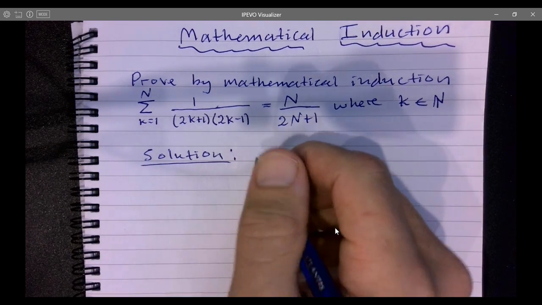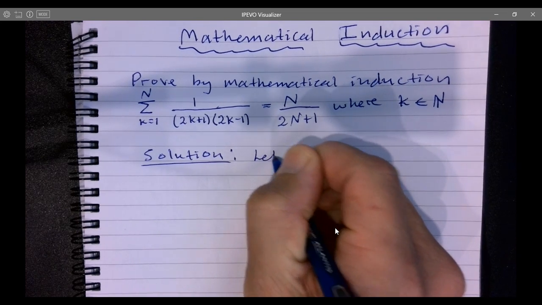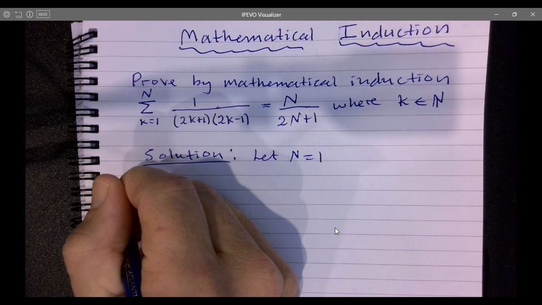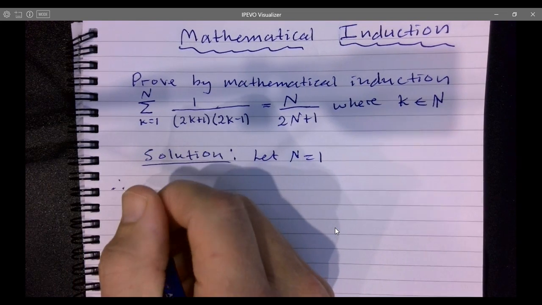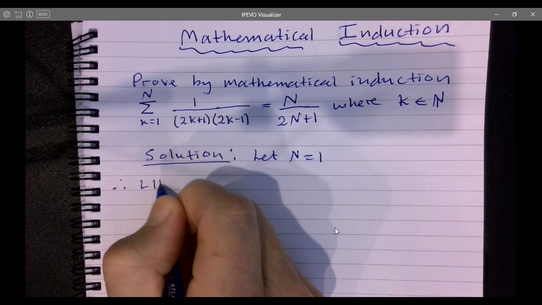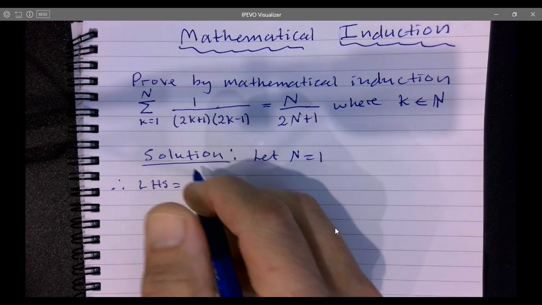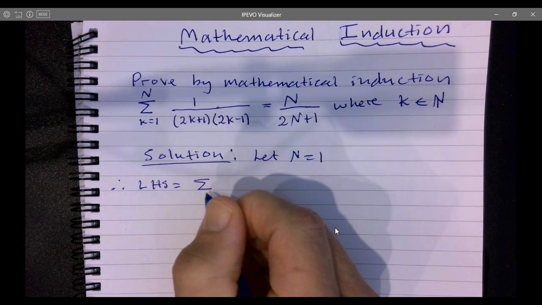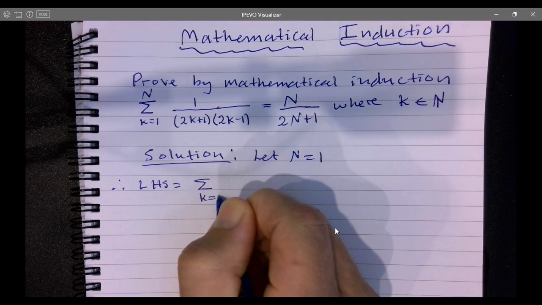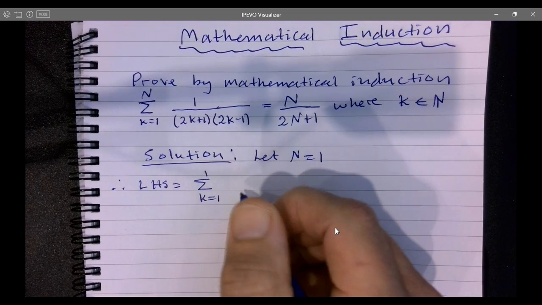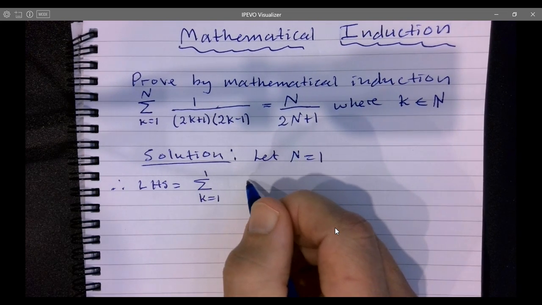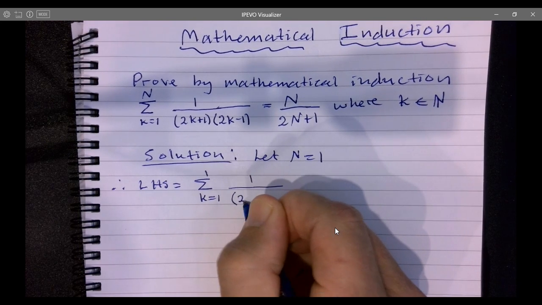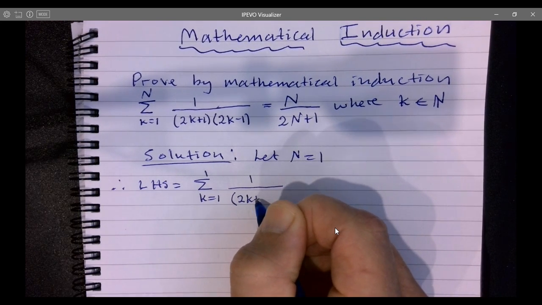So, first of all, we want to let n equal to 1. Therefore, the left-hand side is equal to, I'm just going to keep it in sigma notation for this video, and then I'm going to do another one where I expand it and get rid of the sigma notation. That way you can be reminded of both ways of doing it.